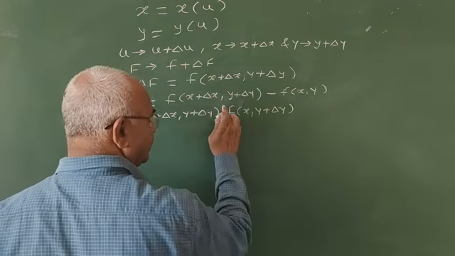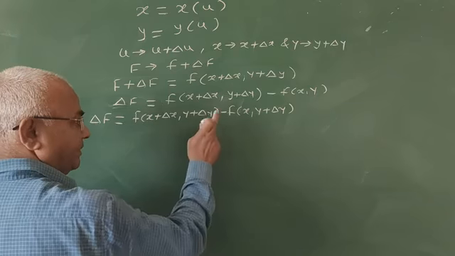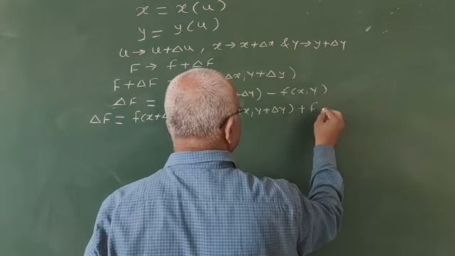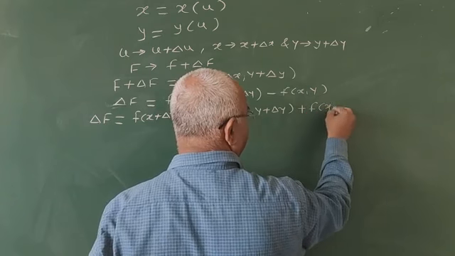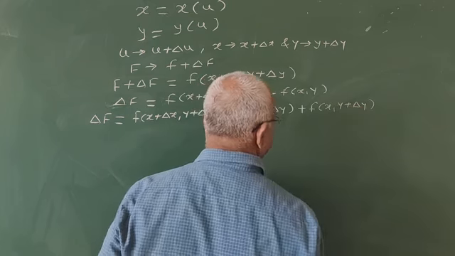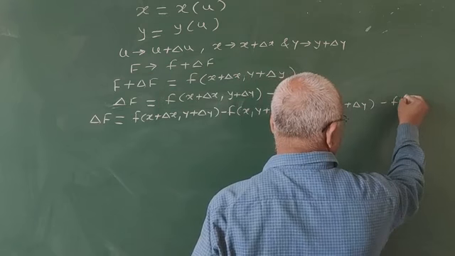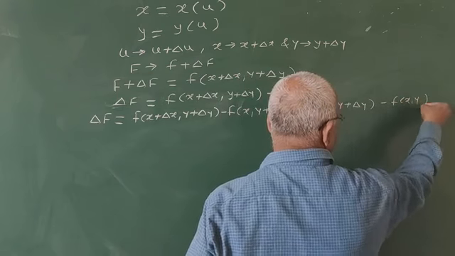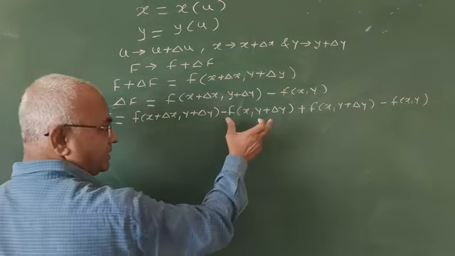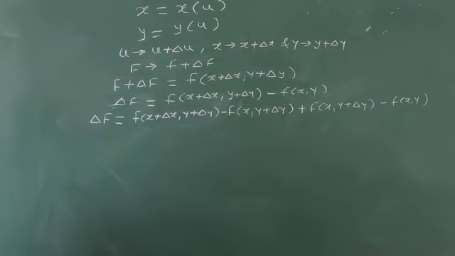This term in our step is not there. We subtract this term. Therefore, we must have to add same term f of x, comma y plus delta y. Then that minus f of x, y as it is. That means in our equation, adding and subtracting the same term, that concept is used here.